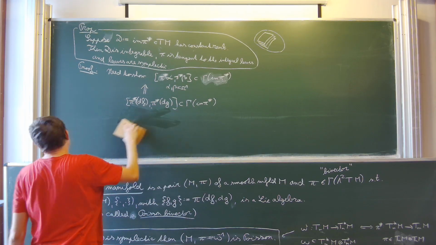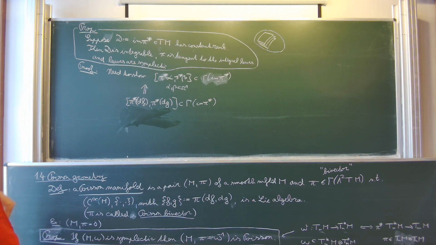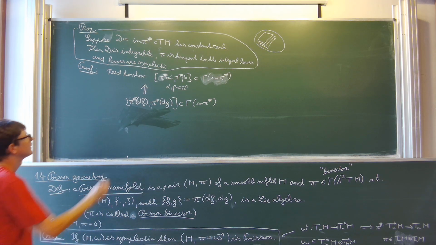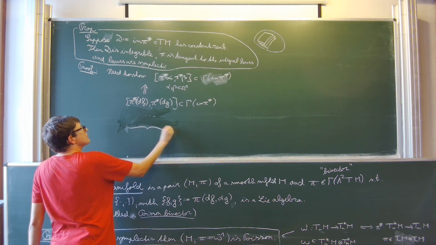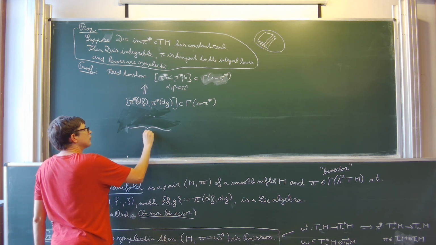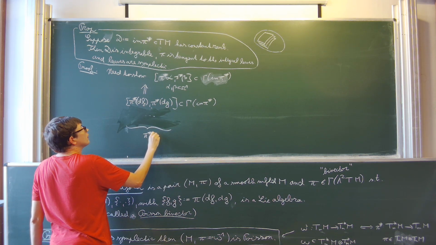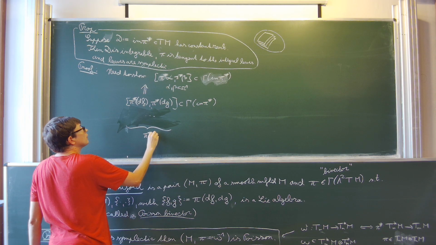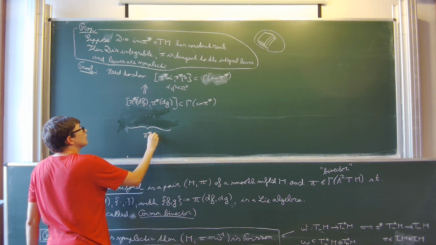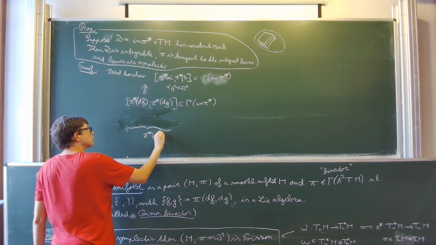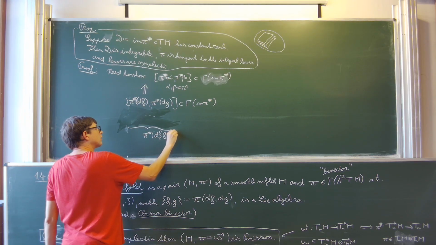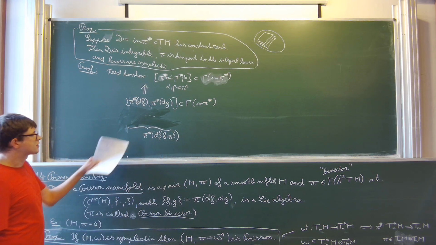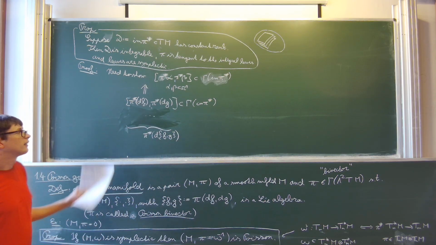We say that z is equal to pi sharp of d of the Poisson bracket. Thank you. And hence it sits in here.